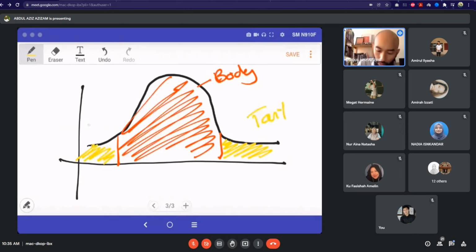Kalau antara body dan juga tail, kawasan in between, for example, in between kat sini. Ini in between lah.